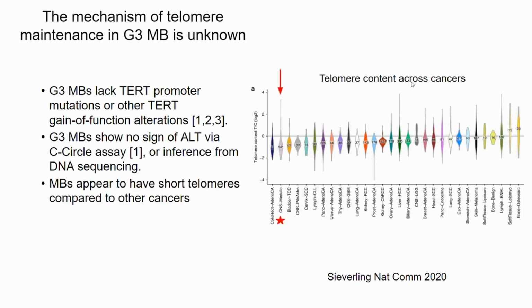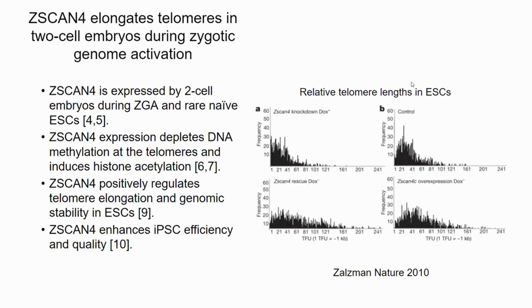We believe, and lastly, I want to say that this is a pan-cancer study of telomere lengths in different cancers. Medulloblastomas have some of the shortest telomeres pan-cancer, and thus they may be particularly sensitive to therapeutics that target telomere maintenance. In our data, we attribute telomere repair to a gene known as ZSCAN4.